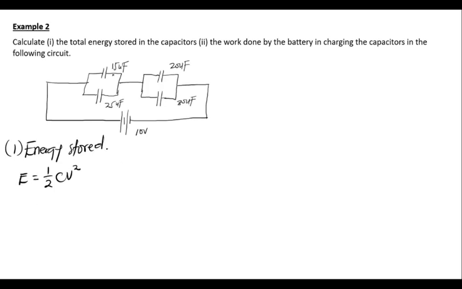energy stored. So we have 4 capacitors, 2 of them are paired in parallel, and the parallel pairs are in series with each other. First of all, let me name these C1, C2, C3, and C4.